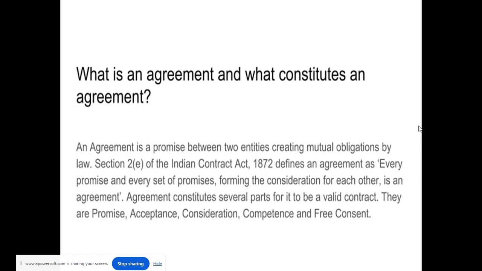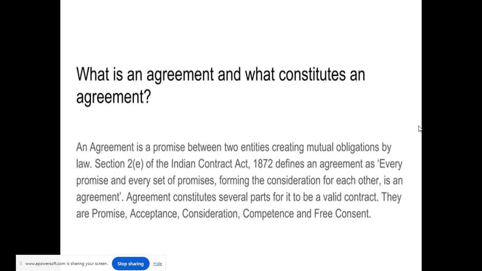Section 2(b) defines a promise: when the person to whom the proposal is made signifies his assent thereto, the proposal is said to be accepted. That means a proposal, when accepted, becomes a promise. That's why an agreement constitutes several parts: promise, acceptance, consideration, competence, and free consent.